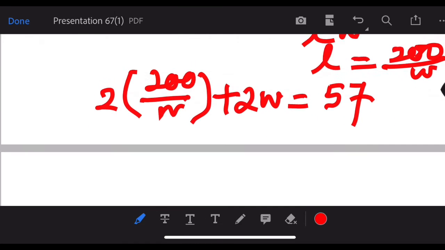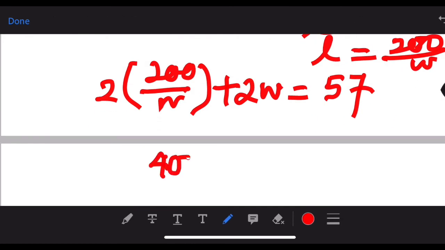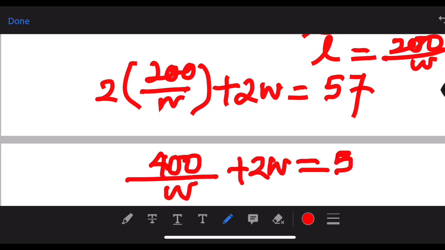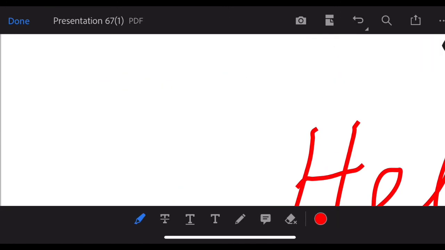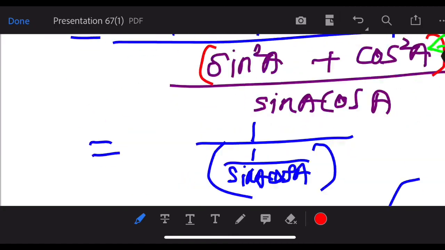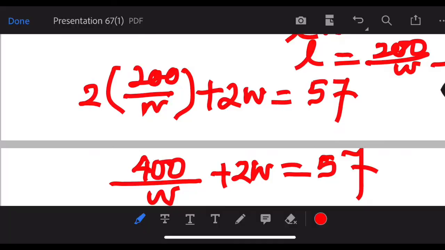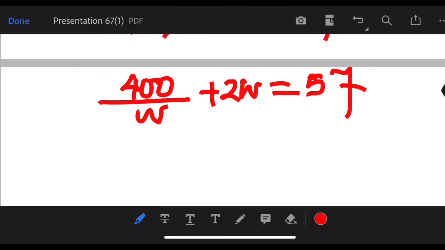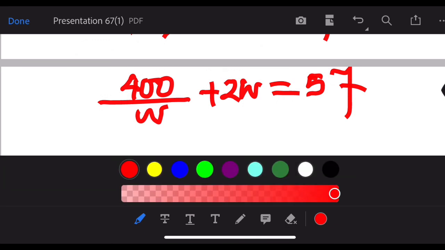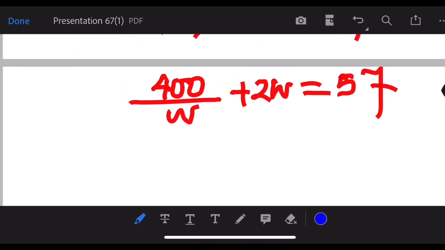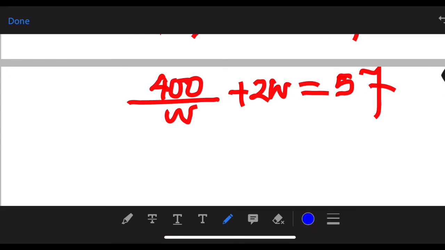Now you need to solve it carefully. 400 over W plus 2W equal to 57. Now what you need to do is make the denominator the same. I'm going to multiply by W, both sides.